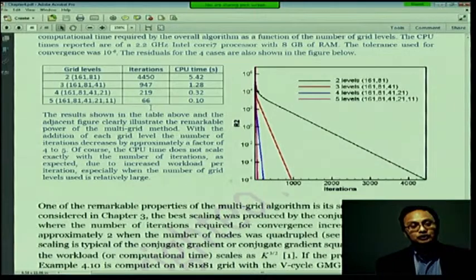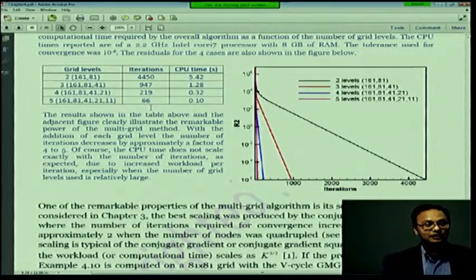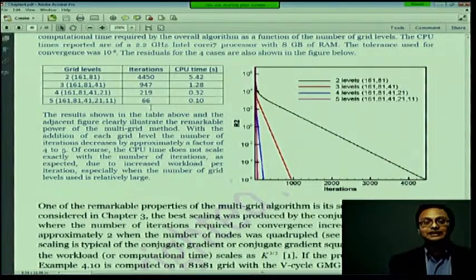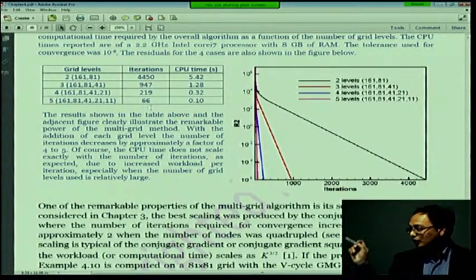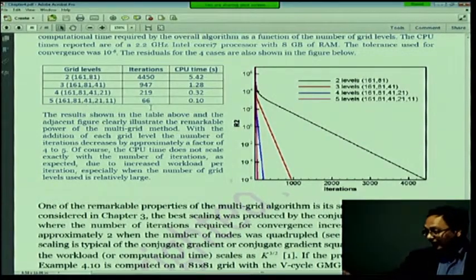If you use 161 by 161 and now just increase one more mesh level, you will also get approximately 66 iterations. What that means is, by using one more mesh level, you've spent a little bit more CPU, but almost linear scaling. So, in answer to your question, if you go to 321 by 321, and you add another mesh level, so 6 levels instead of 5, you will still get approximately 66 iterations. And that's the beauty of this method.